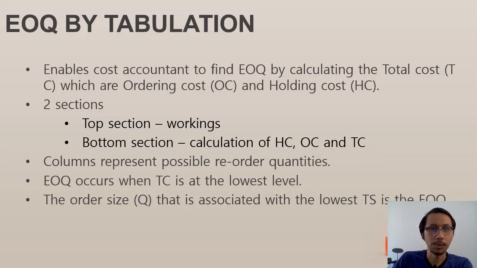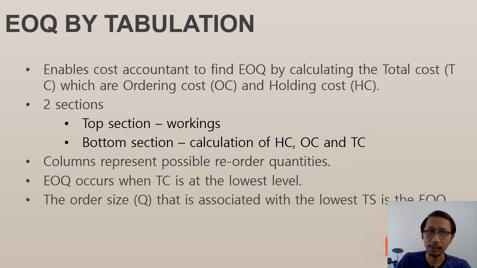Now, let's proceed with the second method in determining the EOQ, by using tabulation. By using tabulation, it enables the cost accountant to find the EOQ by calculating the total cost, which consists of the total ordering cost and the total holding cost. For your table, you must have two main sections, the top and bottom section.